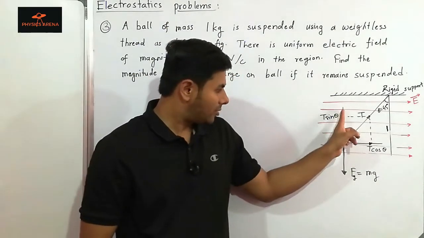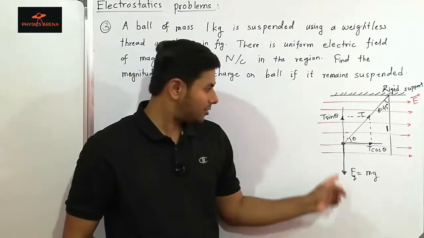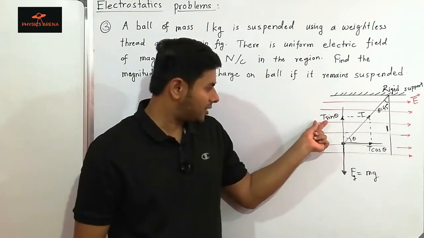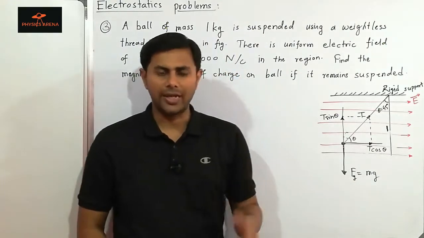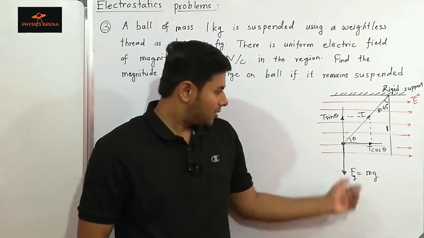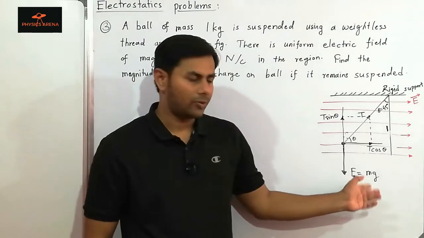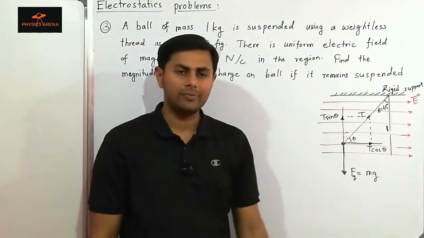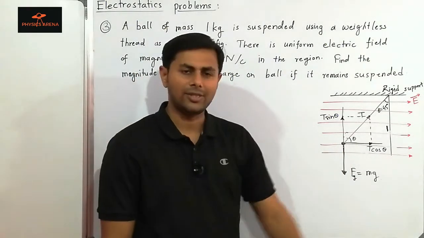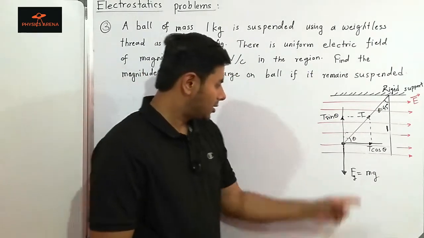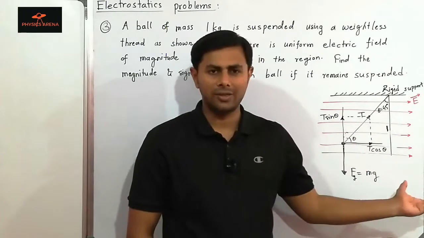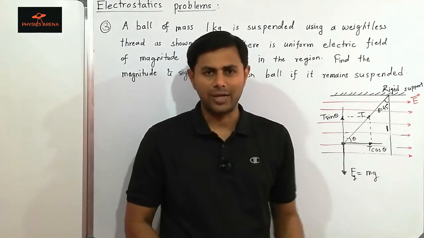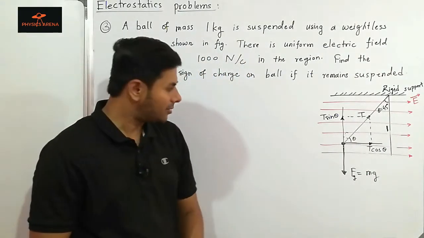So for equilibrium in vertical direction, we should have this T sine theta and force due to gravity cancel each other. And also for equilibrium in horizontal direction, we should have T cos theta and force due to electric field in opposite direction, so that they will also cancel out each other.